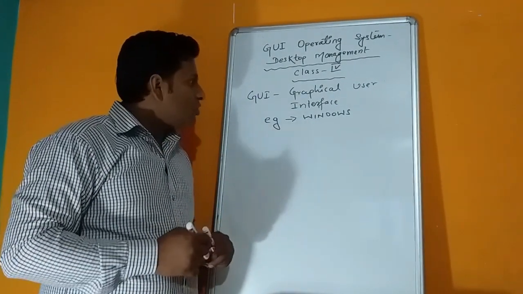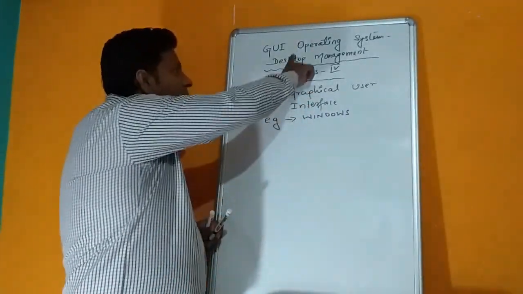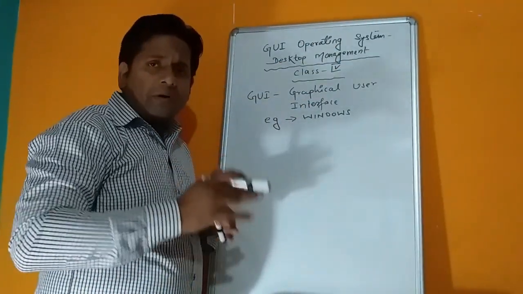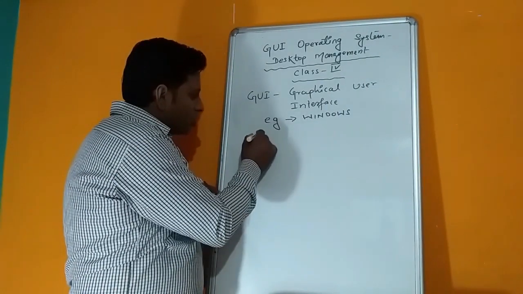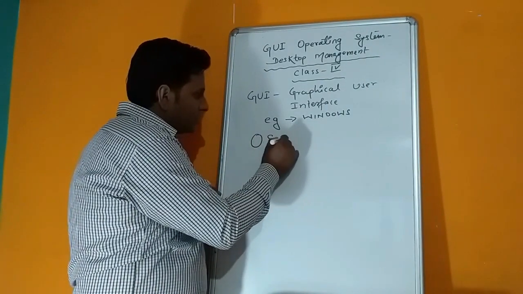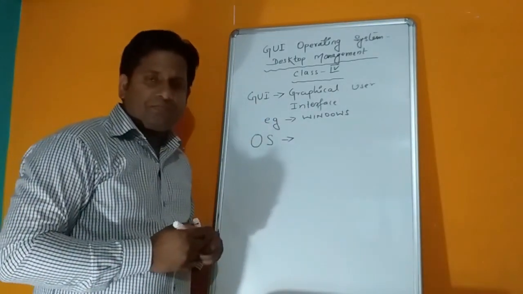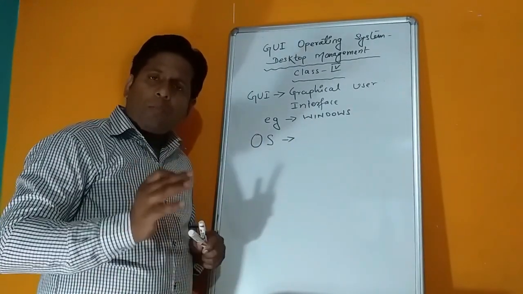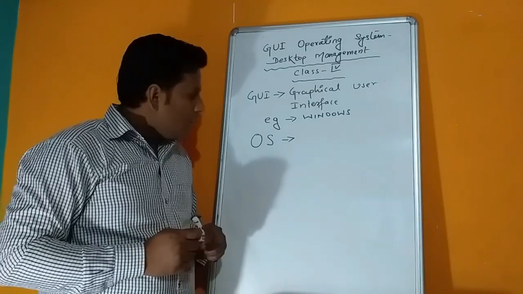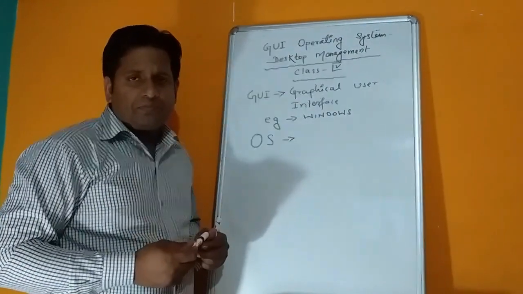Children, you can see another term like operating system has been used. In short form it is written OS. OS stands for operating system. So what is the operating system?